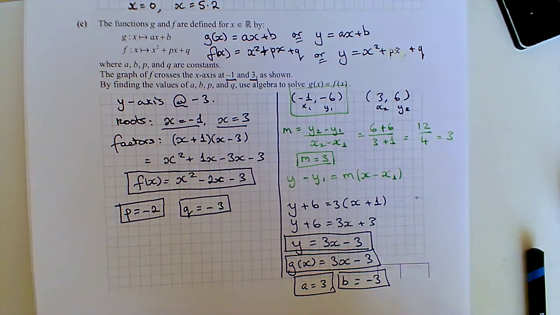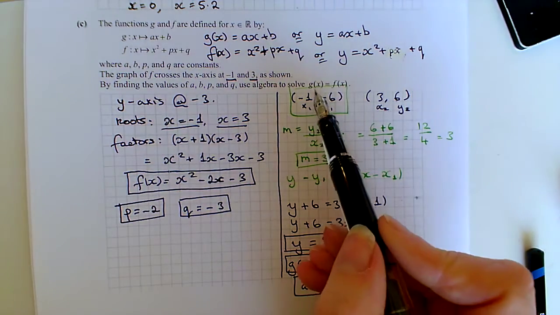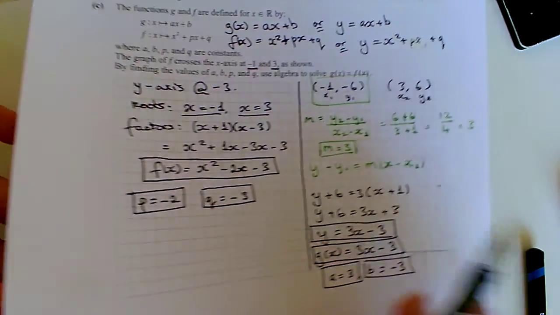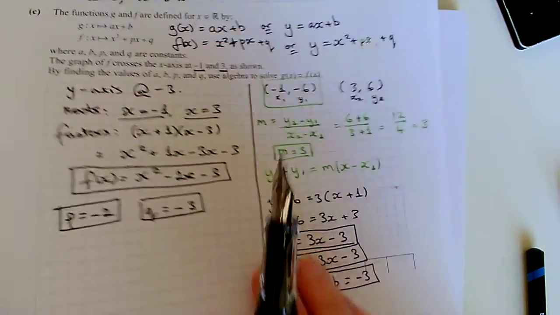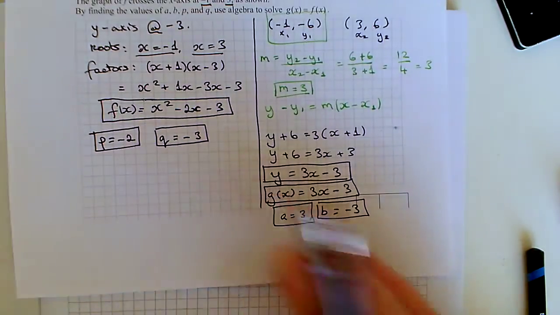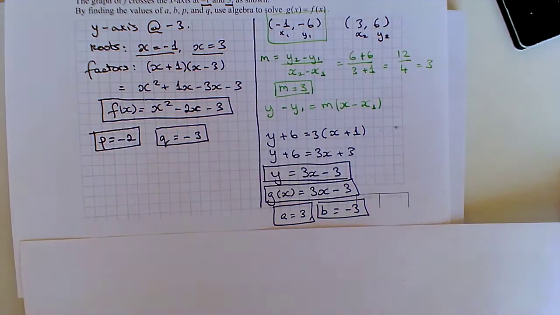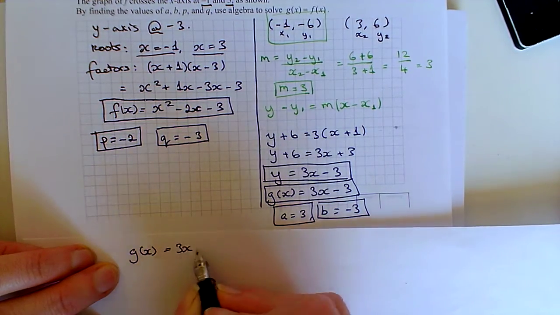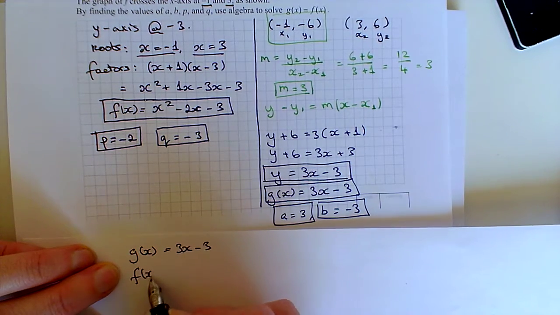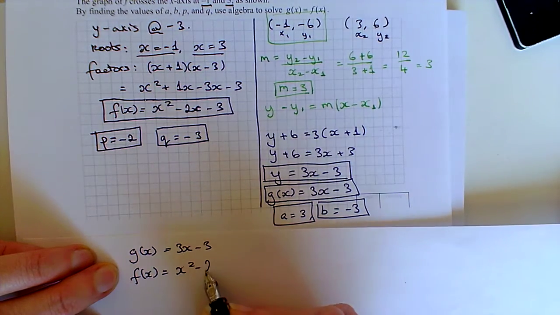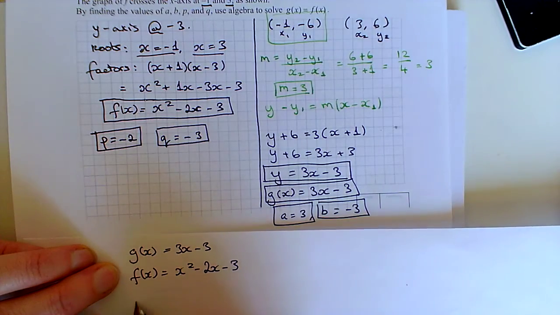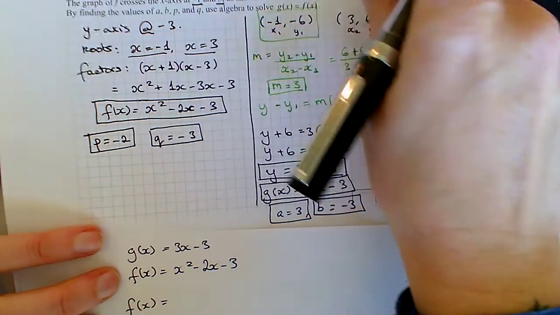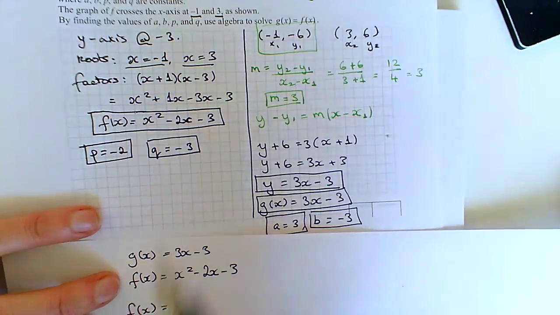Now, have we answered everything? Not quite. We now need to do this final step here and solve g of x equals f of x. Let's take a look at that. I'm just going to do that on a separate sheet. If g of x is equal to 3x minus 3, and f of x is equal to x squared minus 2x minus 3, then I'm solving g of x equal to f of x.